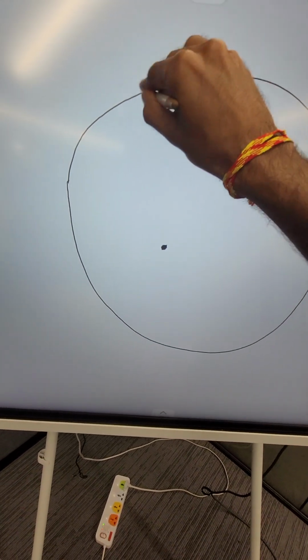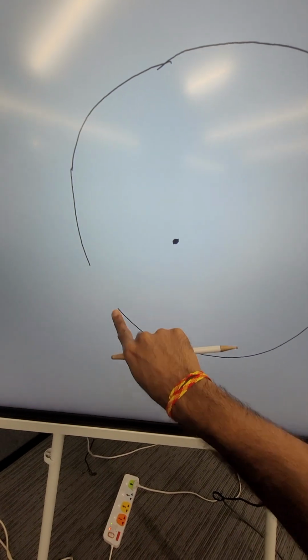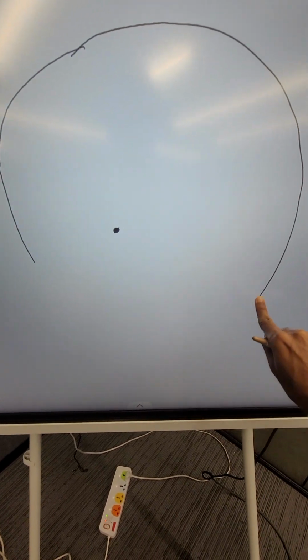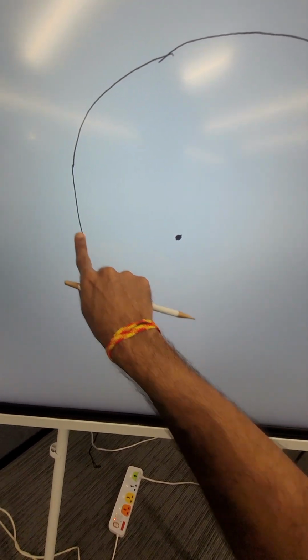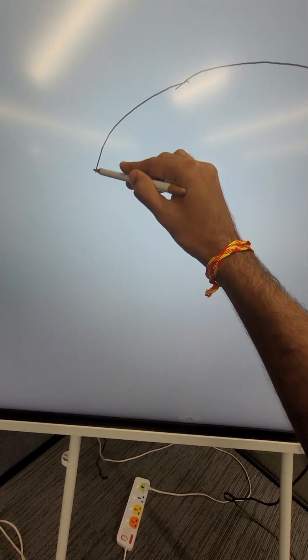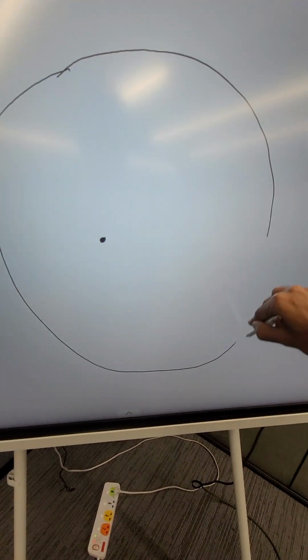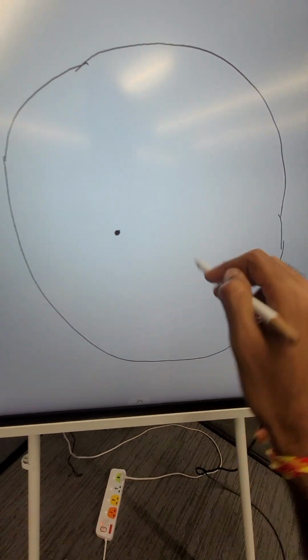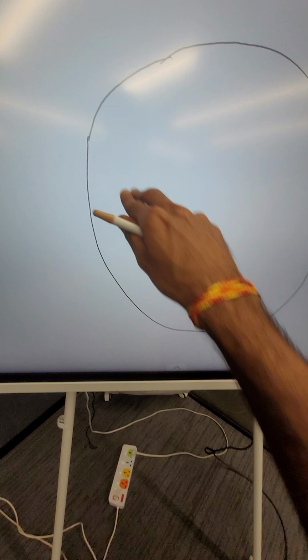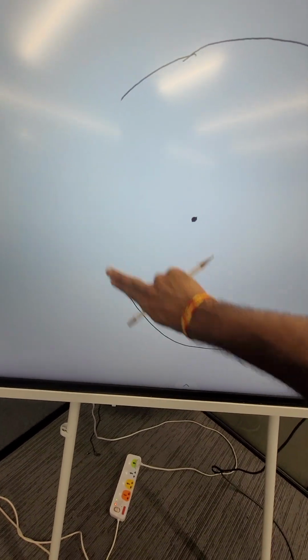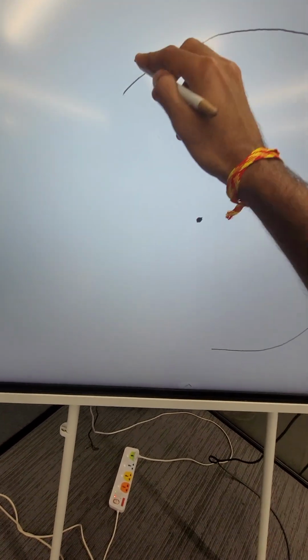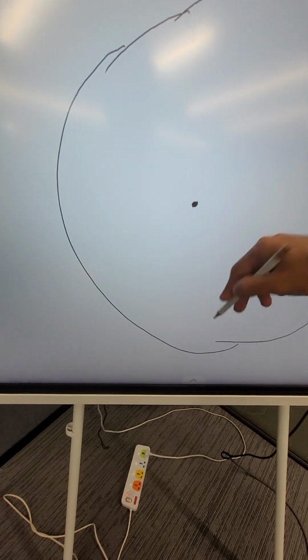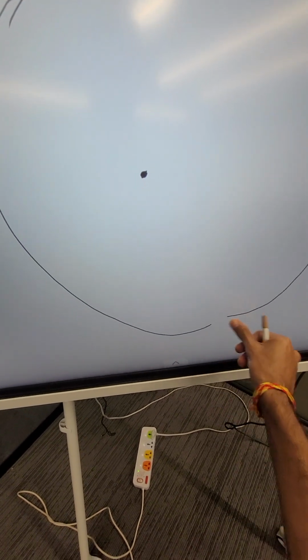In the real world, it would actually be a cylindrical or spherical area, a very big area, but from the top it will just look like a circle. I'm really bad at drawing circles. Let's assume this is the center of the circle.